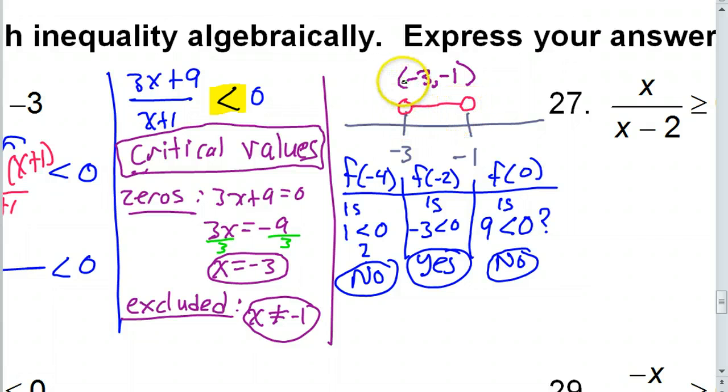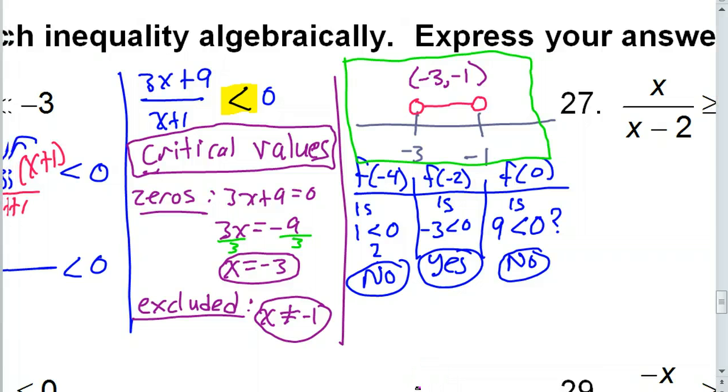And again, we use parentheses instead of brackets for the same reason, these are open circles, all right? The -3 and the -1 are not included in the solution set. So this is the answer for number 26.